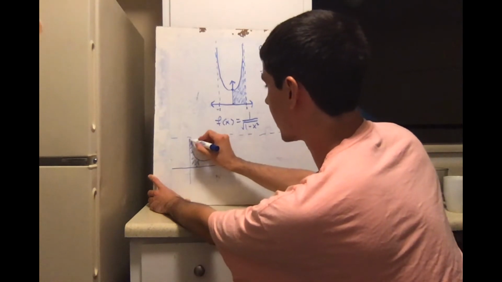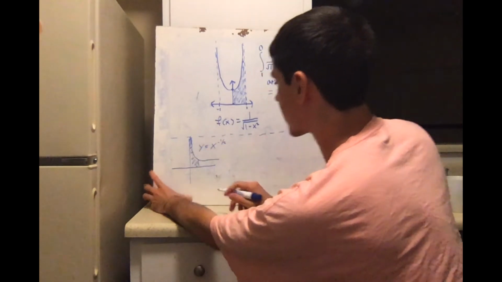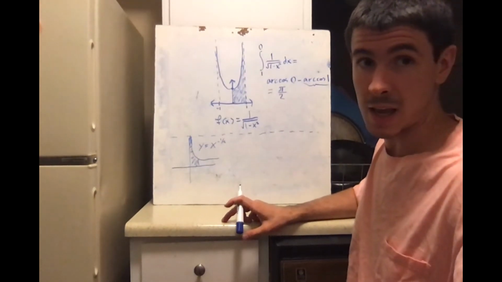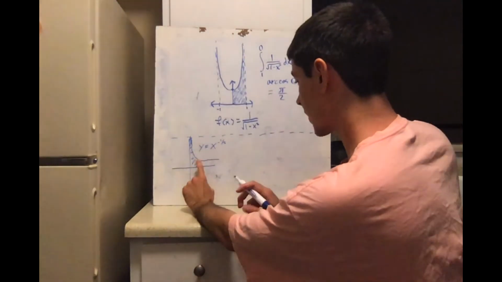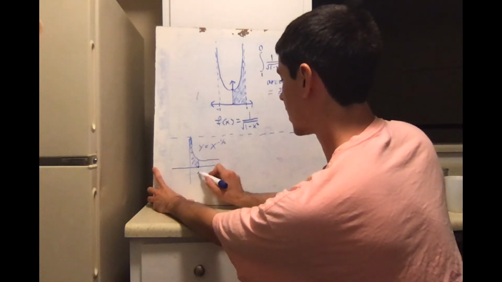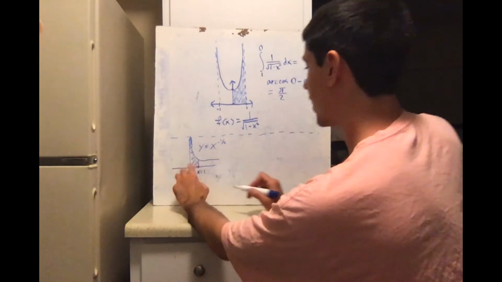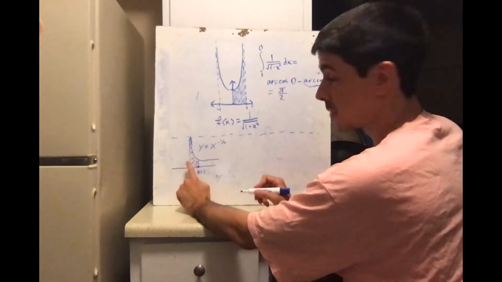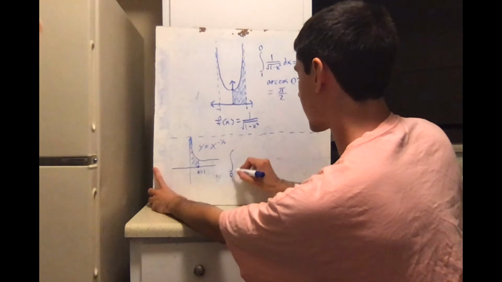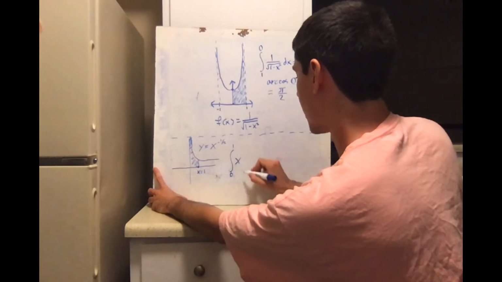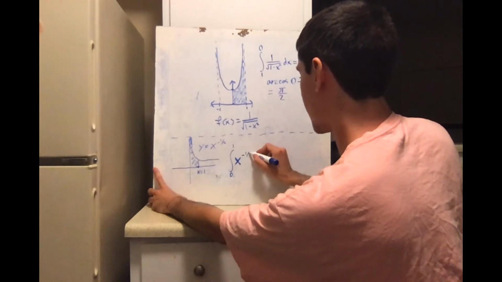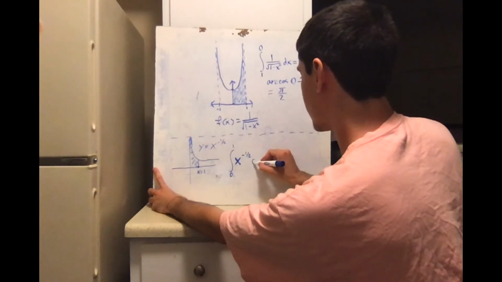This curve has an asymptote at x equals 0, and let's say this point is x equals 1. So the area under this curve between 0 and 1 is going to be the integral from 0 to 1 of x to the minus 1/2 dx.